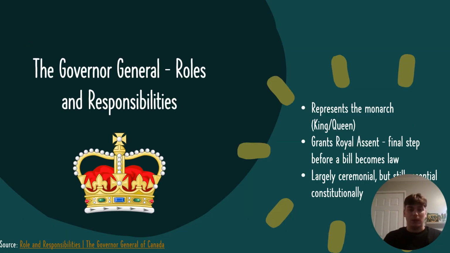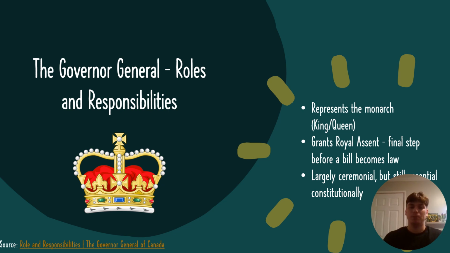The next aspect is the Governor General. The Governor General is the King's representative in Canada and serves a mostly ceremonial role, but also plays an essential part in the legislative process. Once a bill passes both chambers, it must receive royal assent from the Governor General to become law.